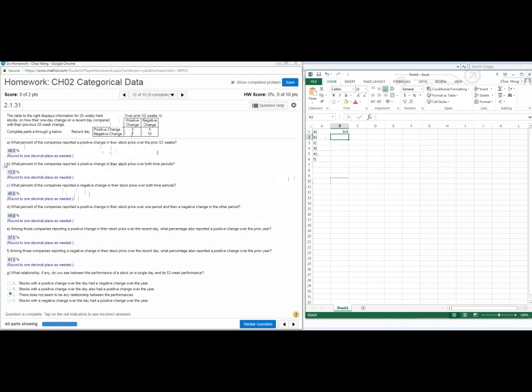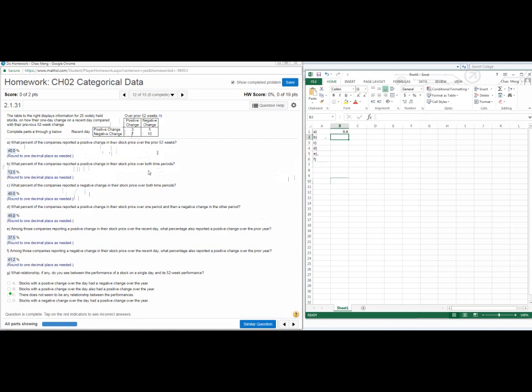And the second one: what percent of companies reported a positive change in their stock price over both time periods? It says both time periods. After reading this keyword, we know we need to look at both variables, because each variable represents one time period.